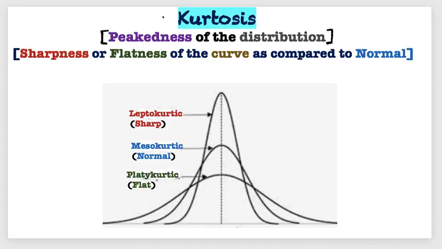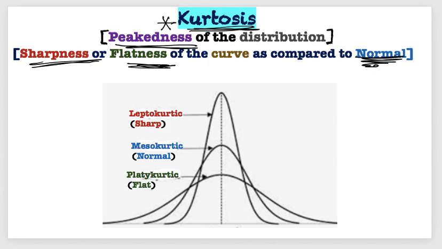Let's see how we can measure kurtosis. Kurtosis gives us information about the peakedness of the data, meaning the shape of the data, whether it is very sharp or flat. So it is talking about the sharpness and flatness of the curve when you compare it with the normal. That's one important point.